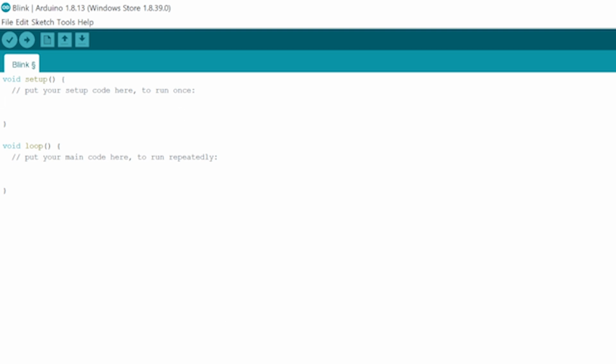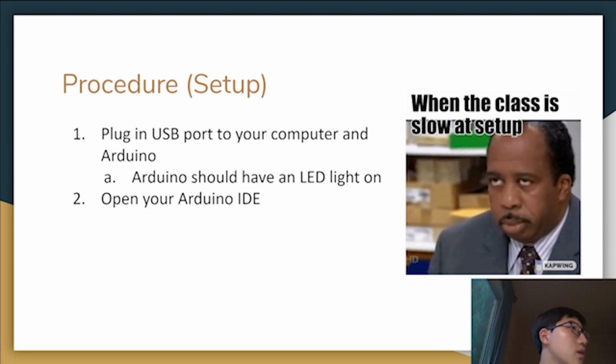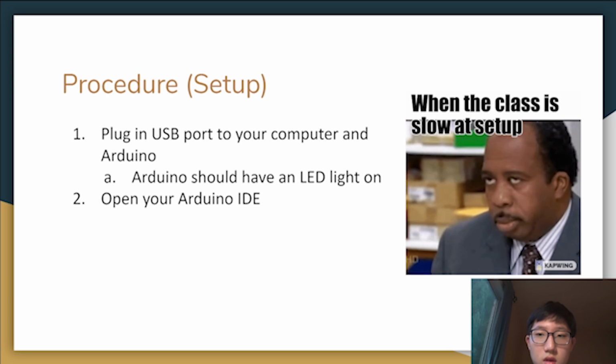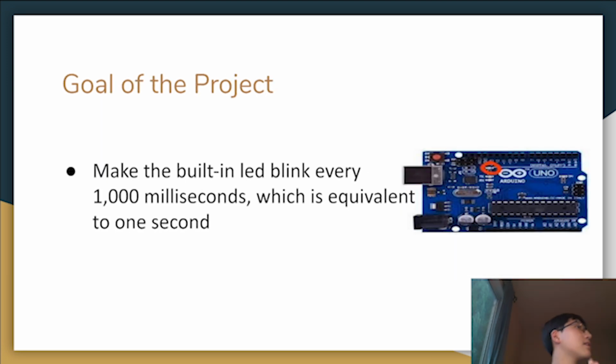Your goal is to make the built-in LED blink every 1000 milliseconds, which is equivalent to 1 second. I'll give you approximately 2 minutes to figure out this code by yourself. But afterwards, regardless of you finishing or not finishing, I'm going to teach the code.